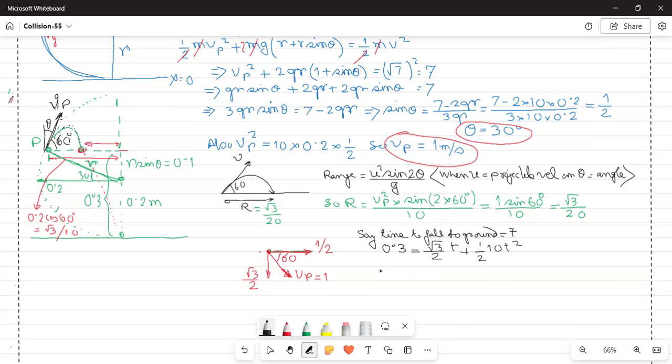From here we get, multiply by 2 on every side, 0.6 is equal to root 3 T plus 10 T square.